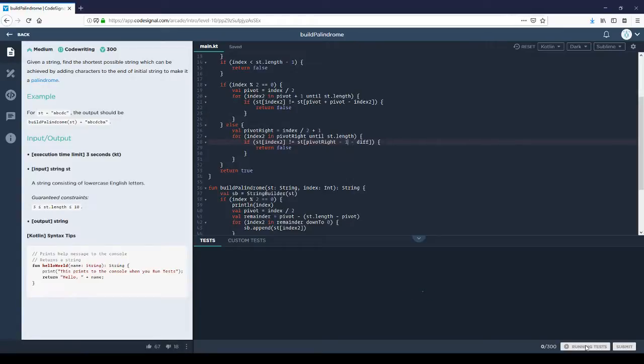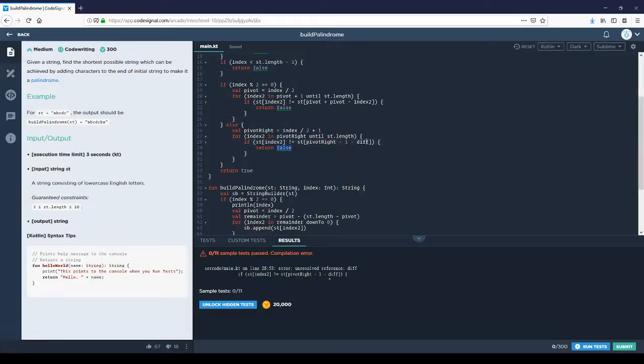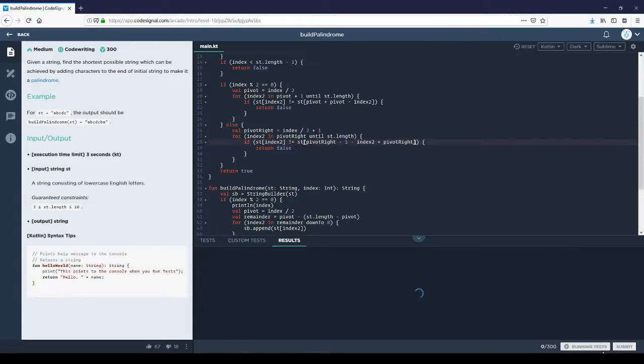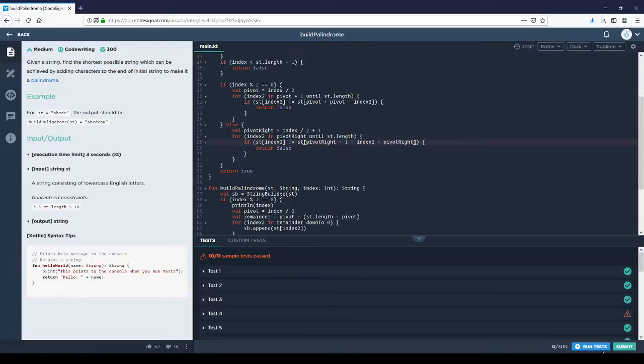I feel like CodeSignal is running slower and slower now. And there's no div, and div would be 2 pivot right minus index - 1. I just hate these boundary checks. So annoying.